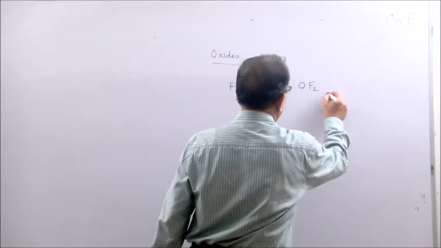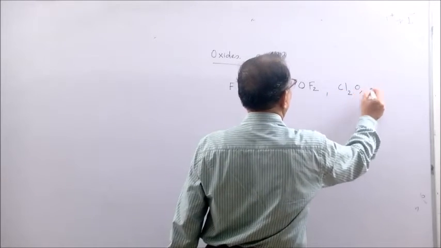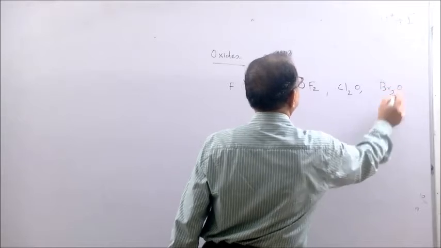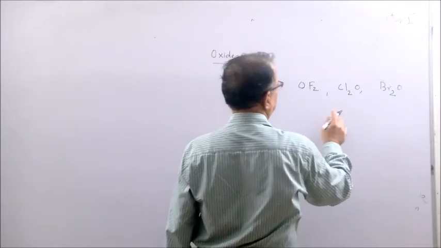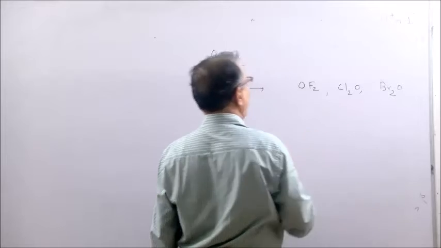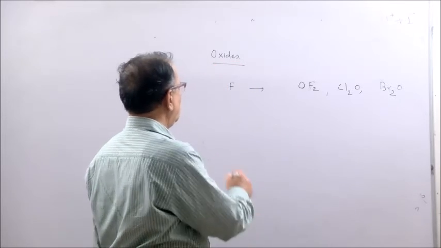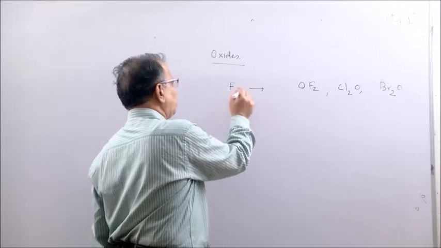Whereas chlorine forms Cl2O and bromine forms Br2O. Here the oxidation state is +1. Fluorine, chlorine and bromine form monoxides like this.